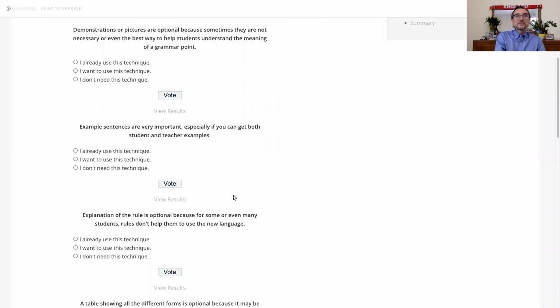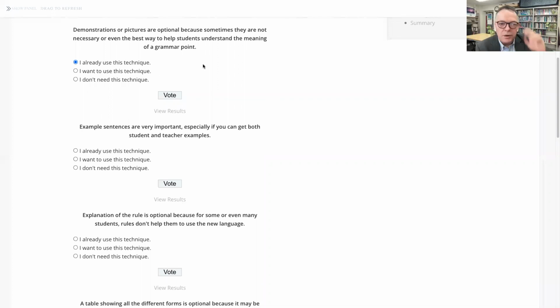Yeah, actually, I do tend to use demonstrations and pictures, but sometimes they might just be written, like the third person S on a verb, going from I go to you go, she goes, he goes. So I don't necessarily need a picture or demonstration because people can already know it depending on the level. But yeah, for me, I already use this when it's appropriate.